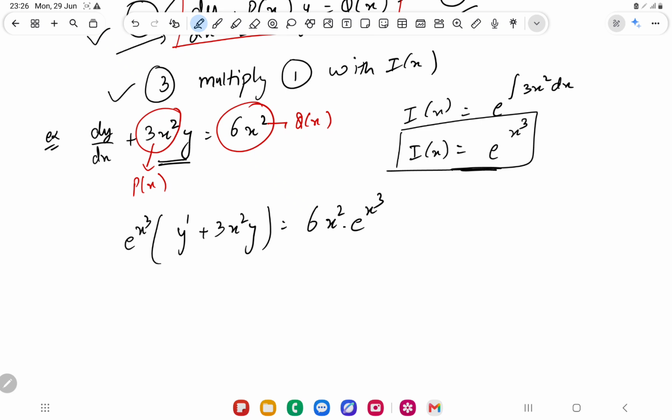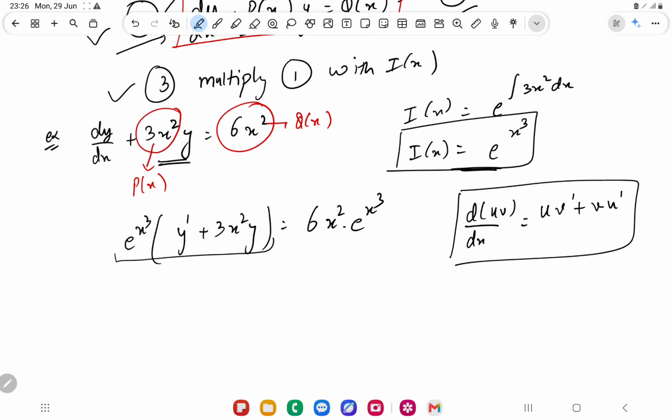Now you always have to pay attention to the left side. If you remember, d by dx of u into v, we will apply the product rule and we will get u into v dash plus v into u dash. So we will always get this form after step 3.